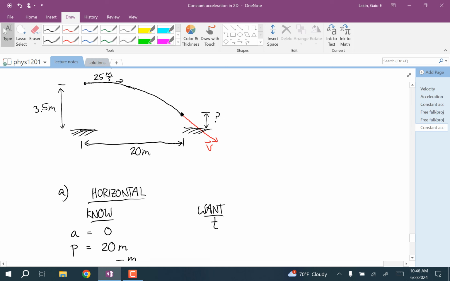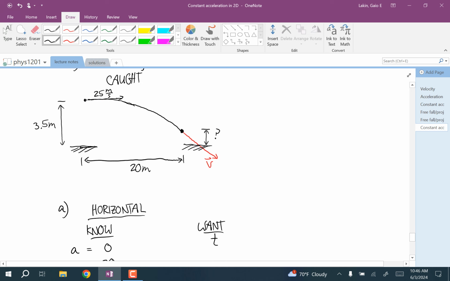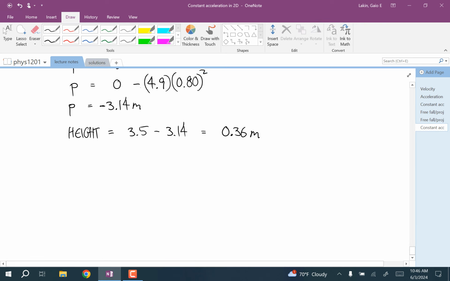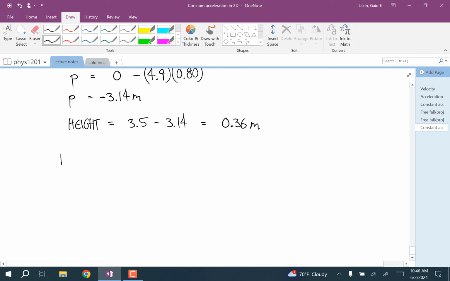Okay, now the last thing that we want to calculate here is the velocity vector, the components of the velocity vector. Well, we know we're looking for the velocity vector at the time that it's caught, and we already have that elapsed time. So I just have to calculate a horizontal and a vertical component of the velocity. I'll start with horizontal. It doesn't matter which one you do first in this case.